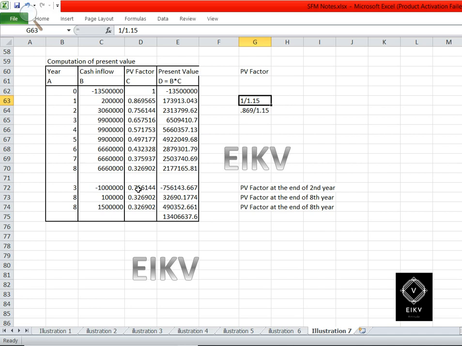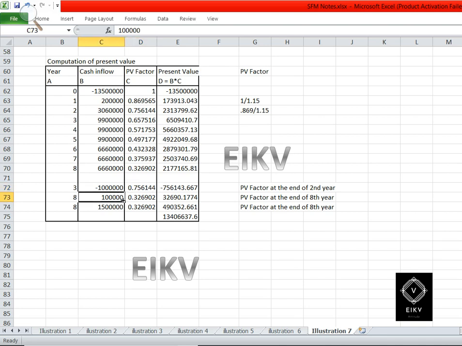So such amount shall be shown in the present value table as negative 10 lakhs, and the PV factor is taken from the second year. Okay, because we need the machinery at the beginning of the third year, right? Yes. So the beginning of third year means the end of the second year, right? So we need to take the PV factor of the second year.